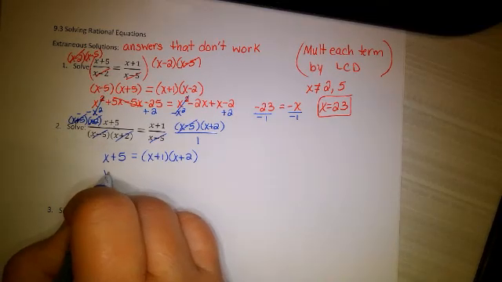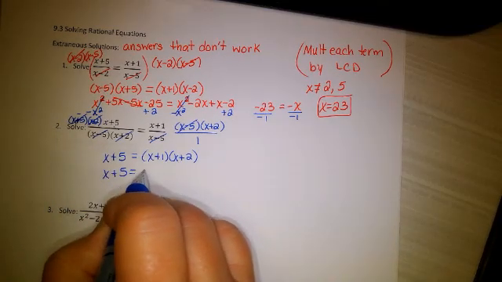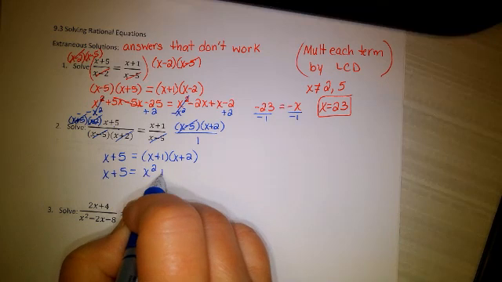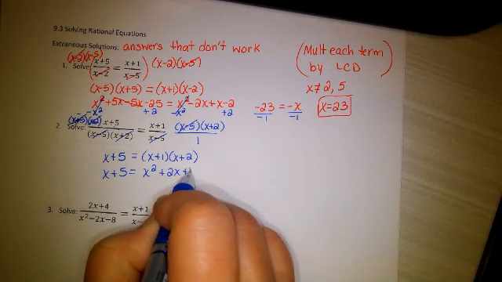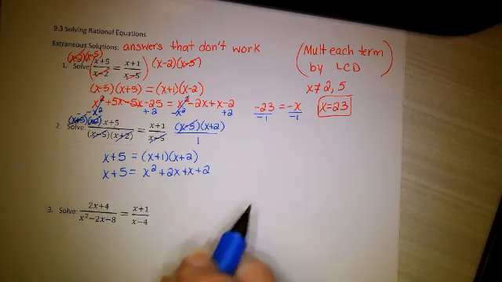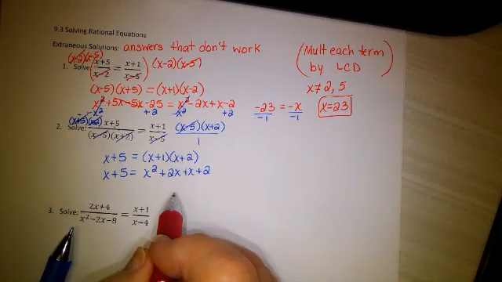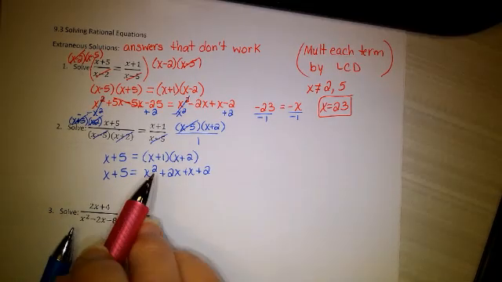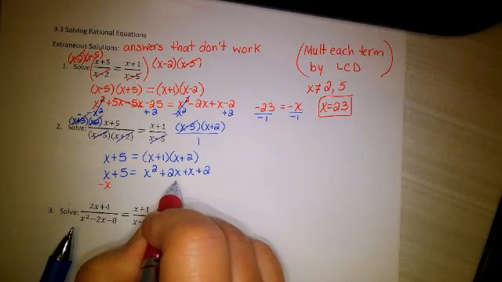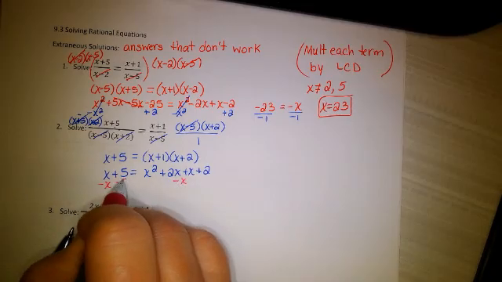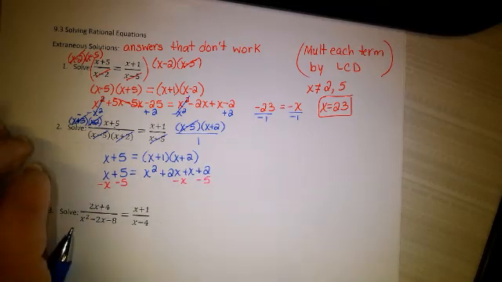So on the right-hand side, I've got to do some multiplying. That would be x squared plus 2x plus x plus 2. And now let's get everything to one side because it's now a quadratic. Minus x on both sides, minus 5 on both sides.